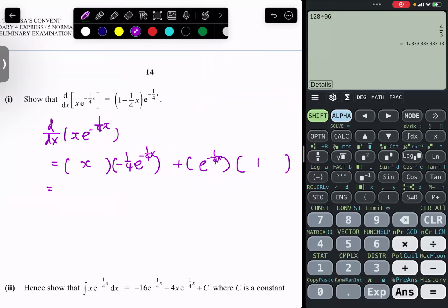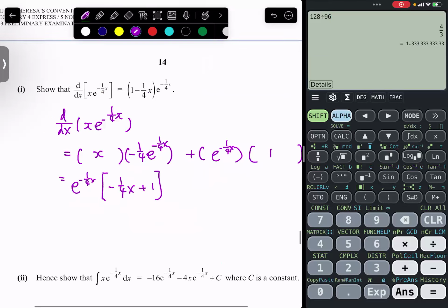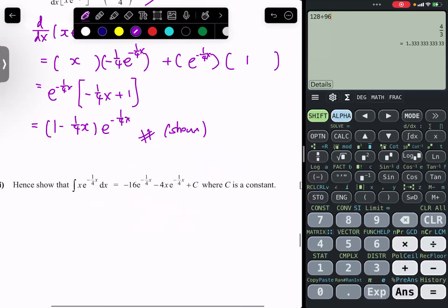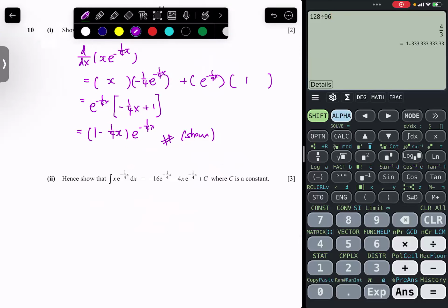Then we have e to the negative 1/4 x as a common factor. Factorizing it out, we get negative 1/4 x plus 1, which equals (1 minus 1/4 x) e to the negative 1/4 x. That's exactly what they want us to show. Hence, show that the integral of this is equal to this, where c is a constant.